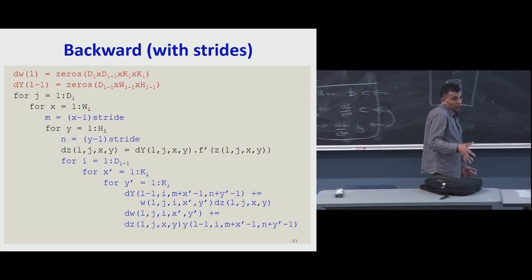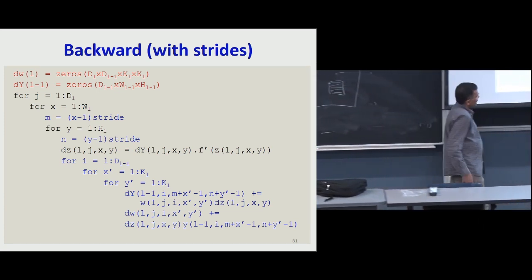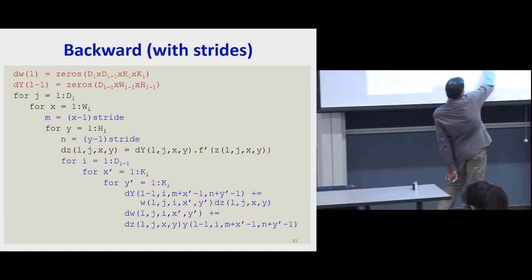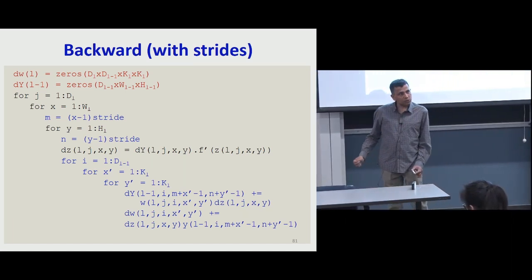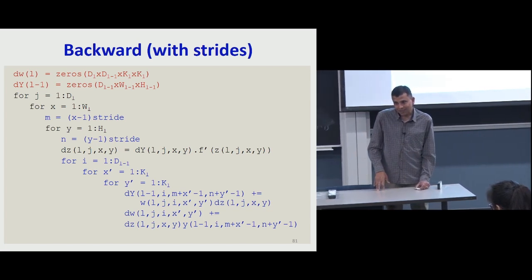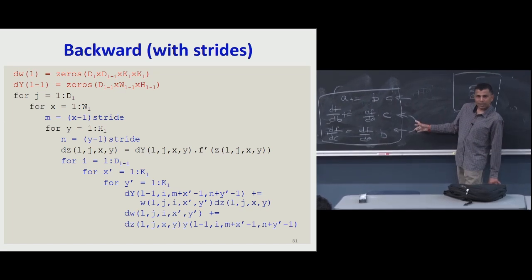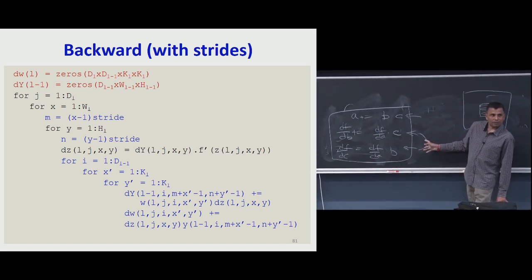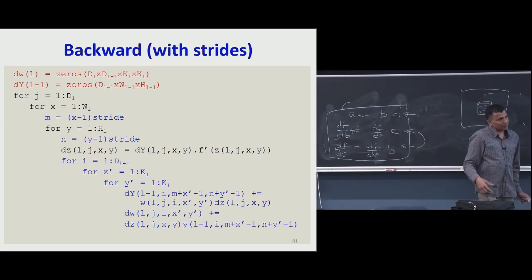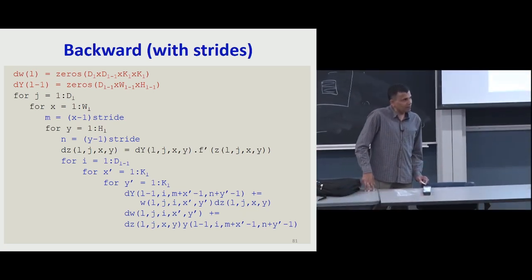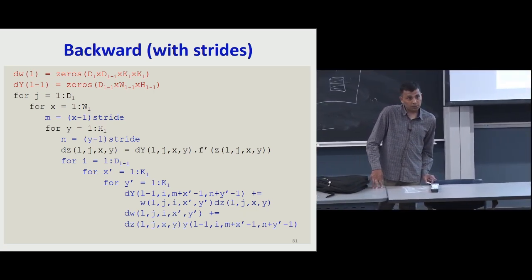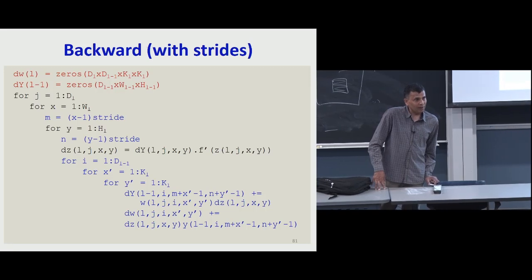I'm just going to take my forward code as is, and replace the location where I computed the z's with the derivatives, and replace every line that has this format with 2 lines of this format. And that's going to give me the derivatives. Right? And there's nothing about neural networks.